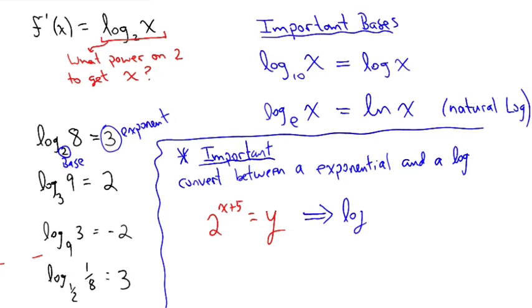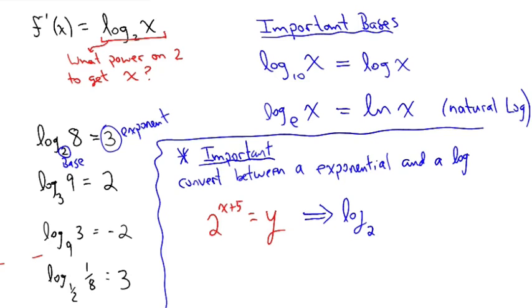So that's telling me I'm taking out an exponential form and putting it into log form. What's the base? 2 is the base of the exponential function. So that goes here, 2, written small and low below the log.